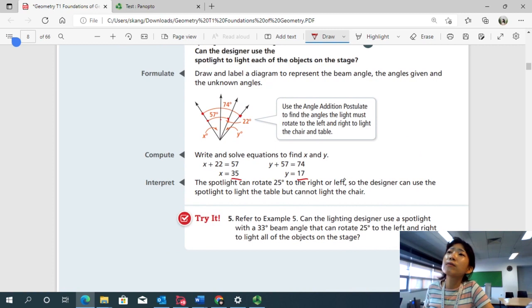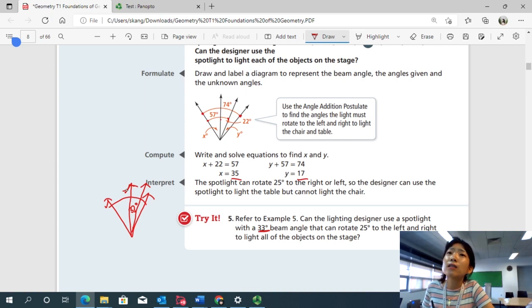So what if the beam here is 33 degrees? And then we want to figure out the new x and y, right?